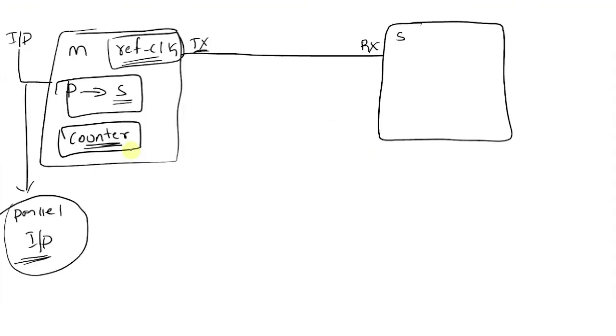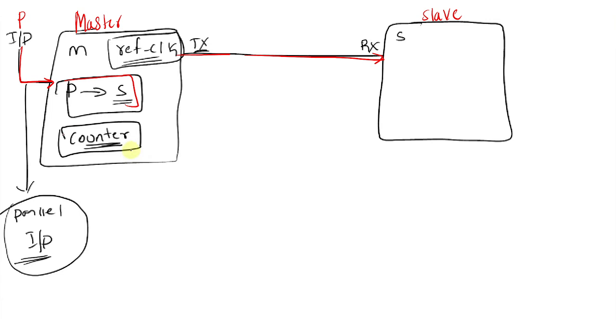So 9600 means what? Here this is the input. From the input you are getting parallel data, and you are converting parallel to serial. This one is master, and this one is slave. You are sending the data from master to slave. Here this is tx, and here you have rx.